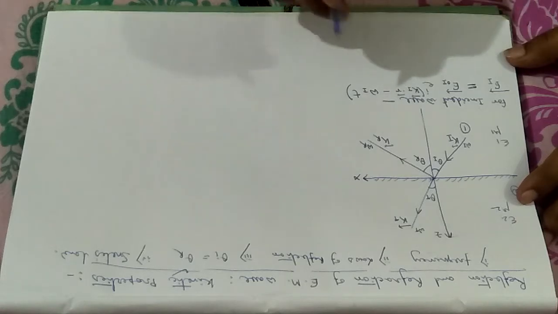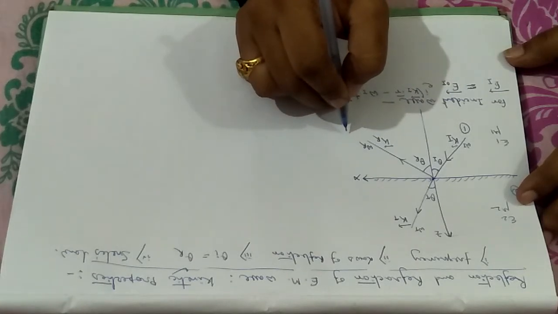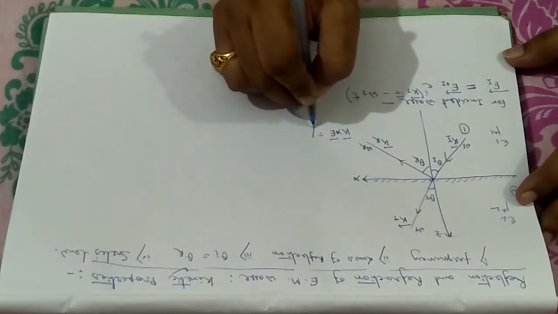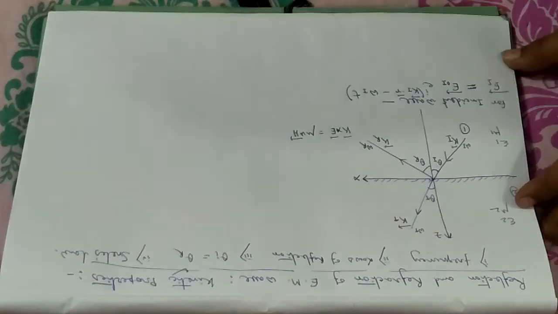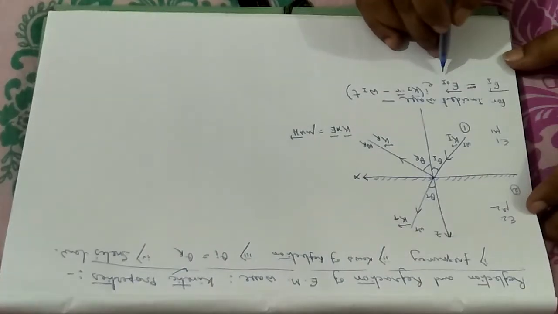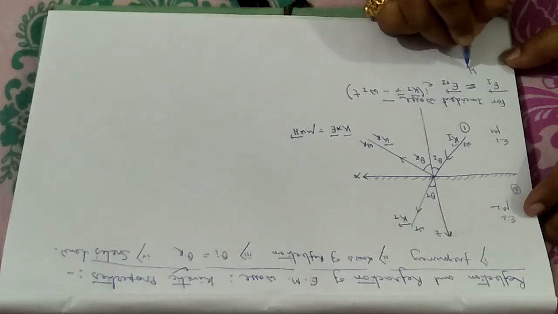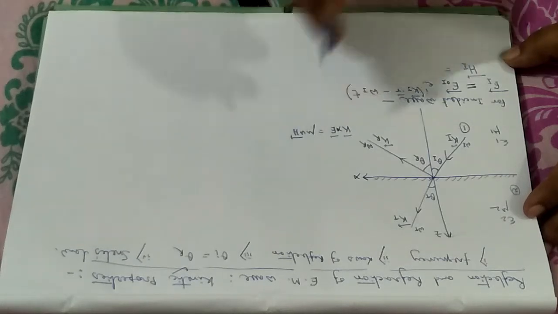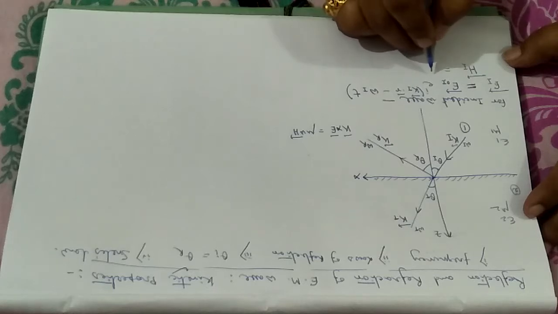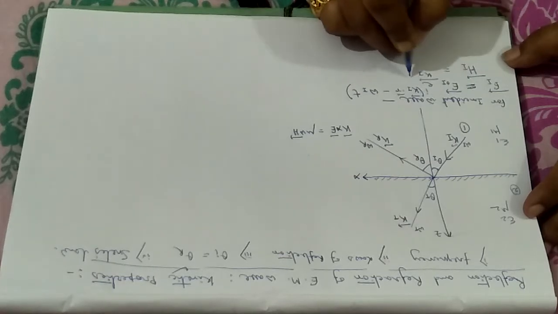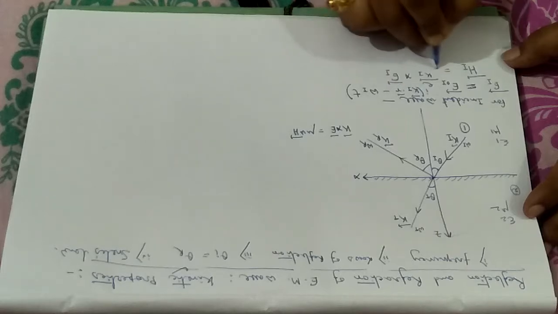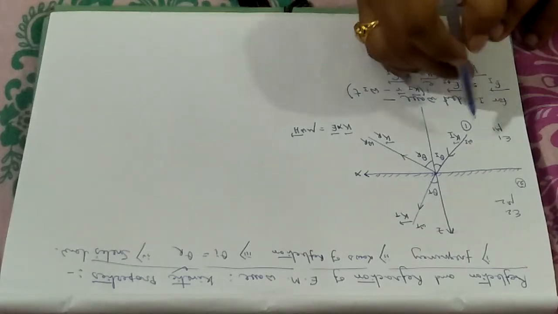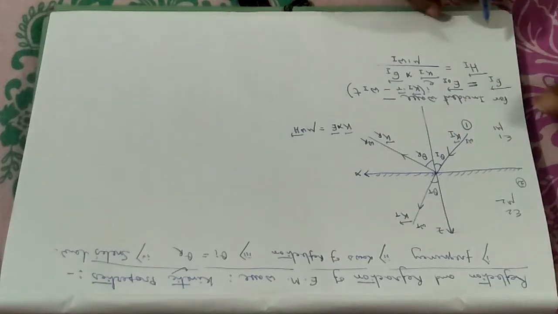And we also know the relationship between E and H, that is k cross E equals mu omega H. So from this equation we can write Hi equals k cross E divided by mu omega. So for the incident wave it will be ki cross Ei divided by mu 1 omega I. Why mu 1? Because the incident ray is lying in the first medium.